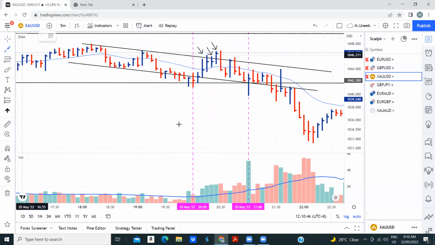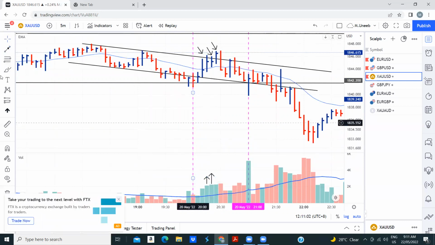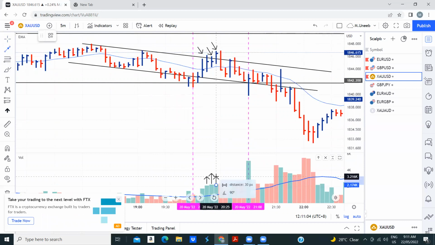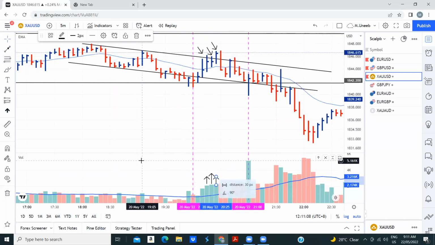Jump across the creek: close on the high, increased volume, increased spreads. But you see how these bars are getting smaller and smaller, and the volume is getting bigger and bigger. Spread is getting smaller and smaller. Effort versus no result, right? So this is not jump across the creek.